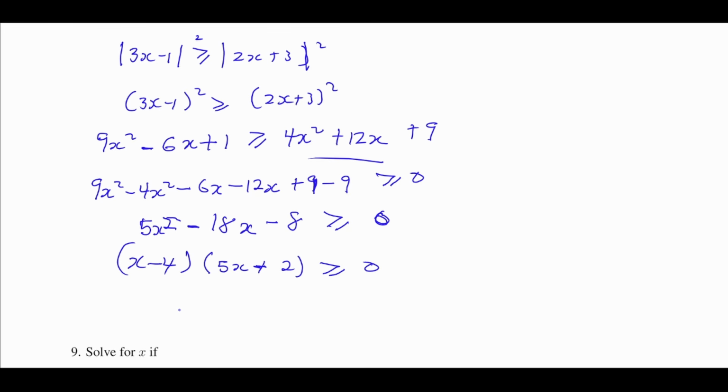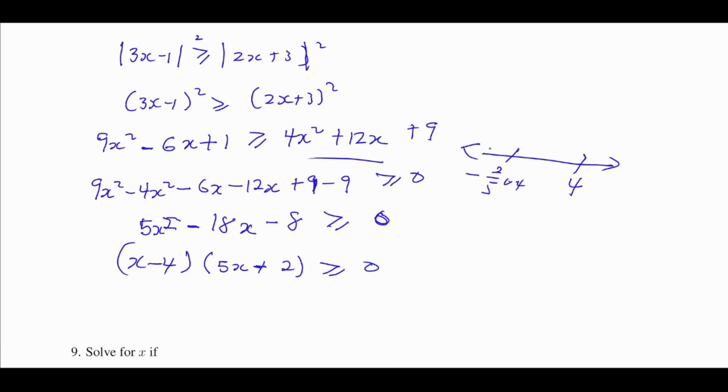So we use the number line here to find the values of x that will be appropriate for the sign we have. So we have negative 2 over 5, that is somewhere around negative 0.4, sorry, and then we have 4.